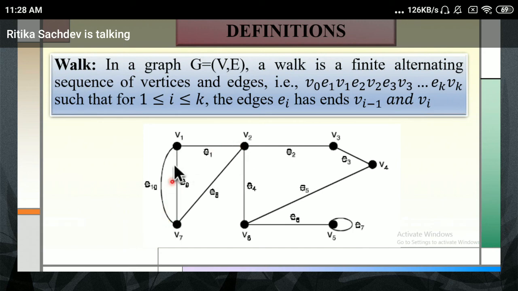Now check, this is a complete path. It is as good as you start from your home, you visit one place, you visit a second place, and after that you go back home. That becomes your closed walk.